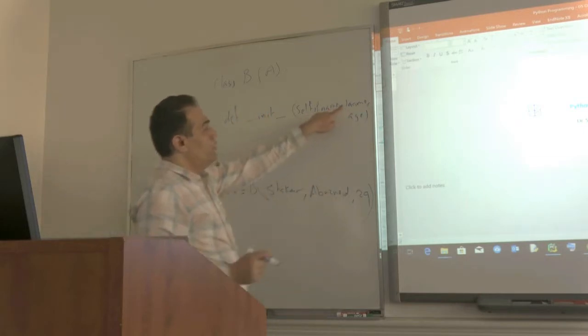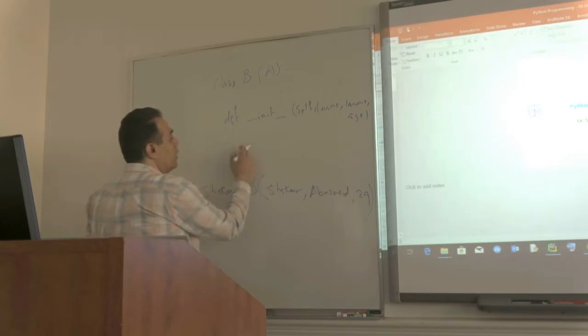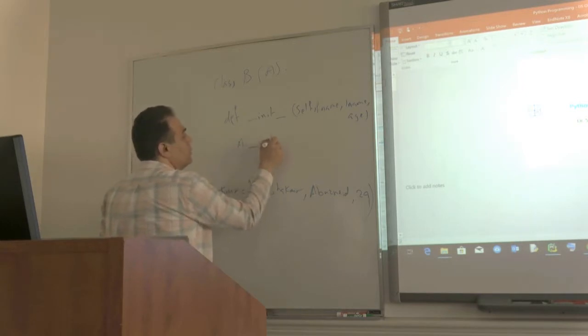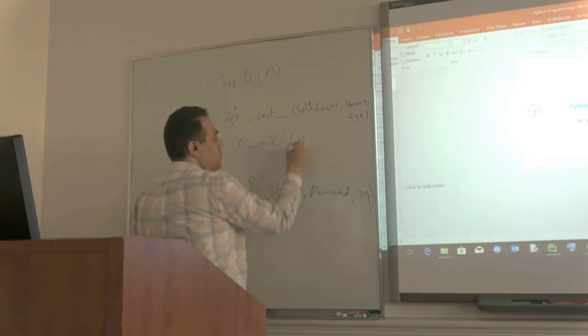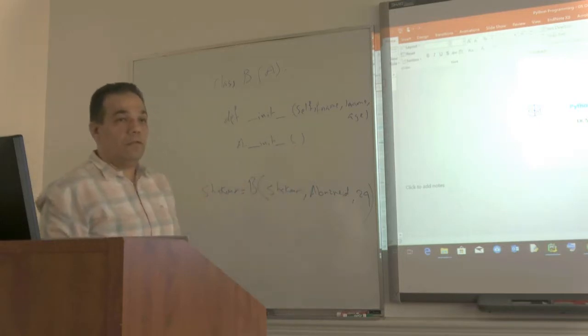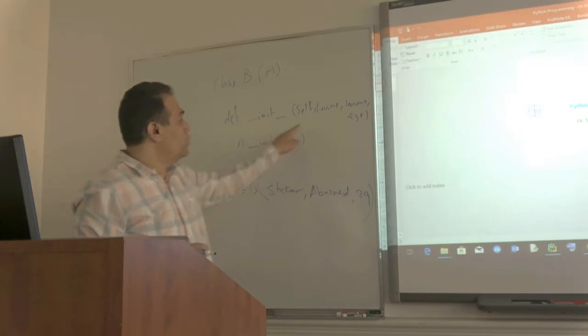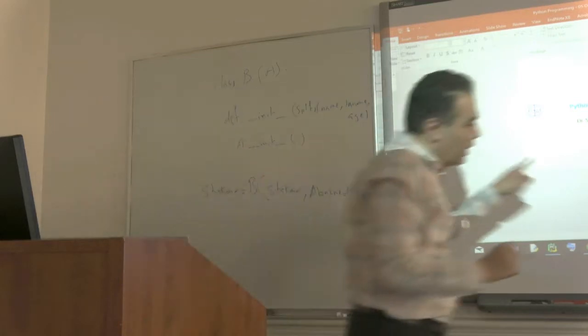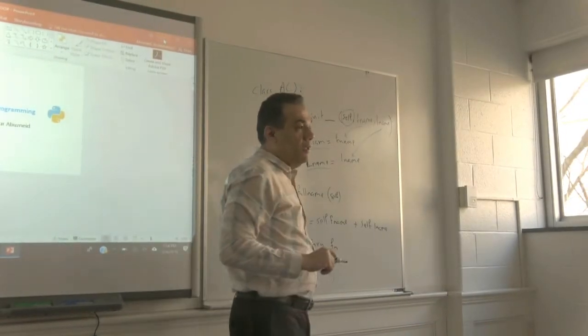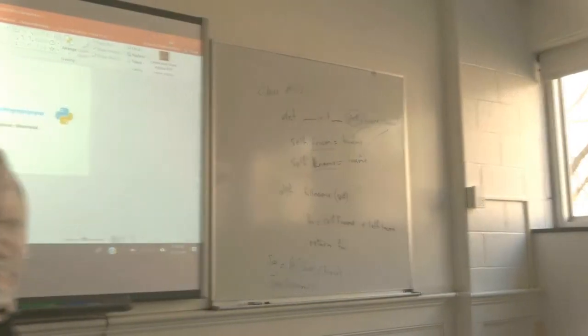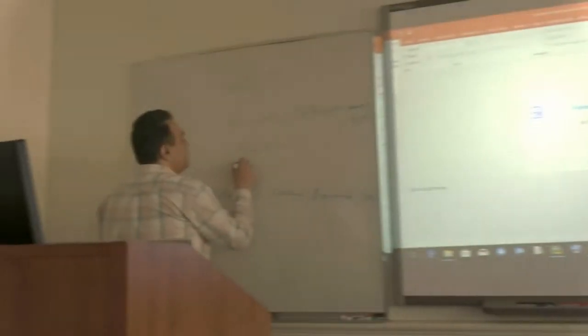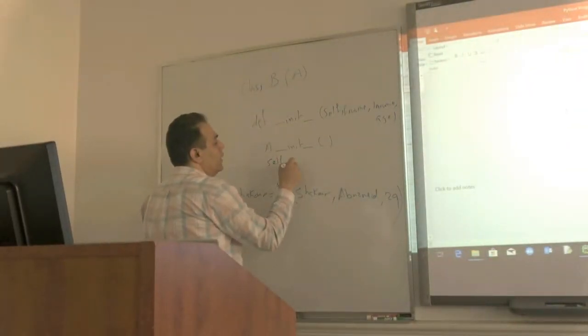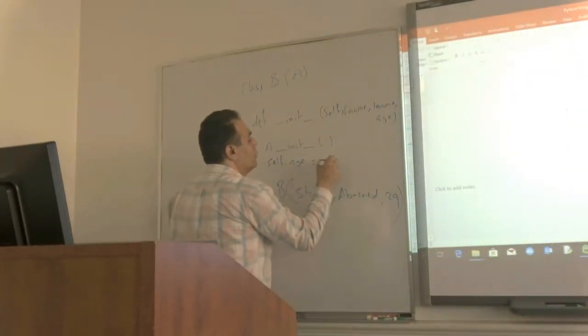So to initialize the first and last name, what I will do, I will call A dot init. This will initialize the first name and the last name, okay? And for age, I could say self dot age equals age.